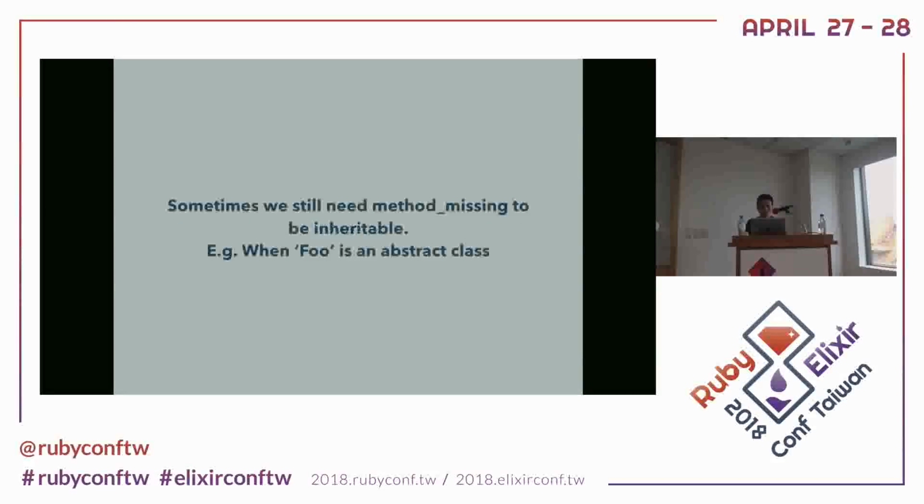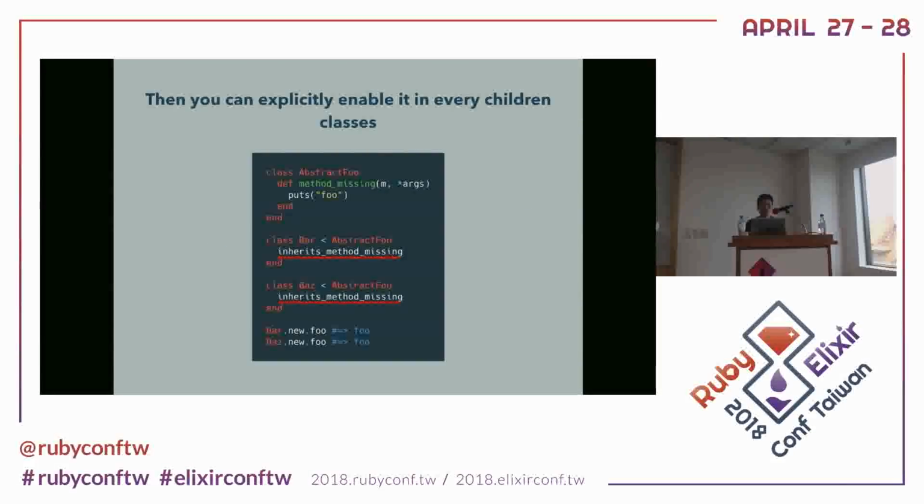However, I know sometimes we still need method missing to be inheritable. For example, when the Foo class is an abstract class, then you can explicitly enable it in every child class by using the inherit method missing method.